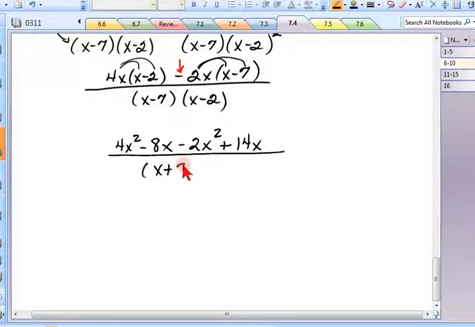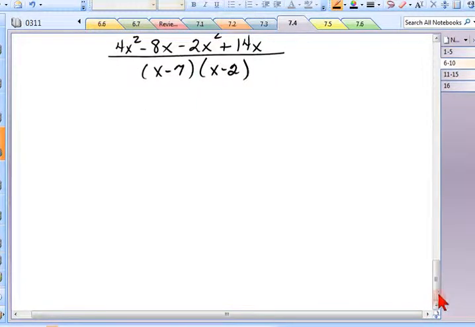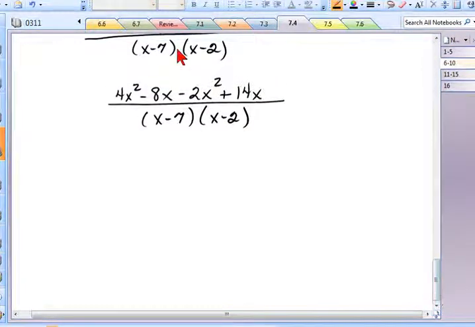So I have x plus, no I don't. I have x minus 7 times x minus 2 for a denominator. All right, I had the common denominator, I did all the products, so now I need to see if I can combine like terms. I have a 4x squared and a minus 2x squared for how much? 2x squared.